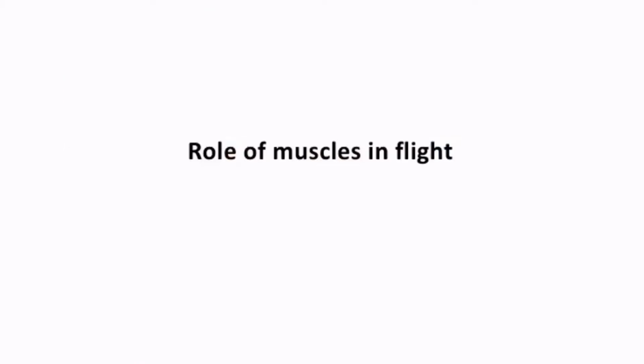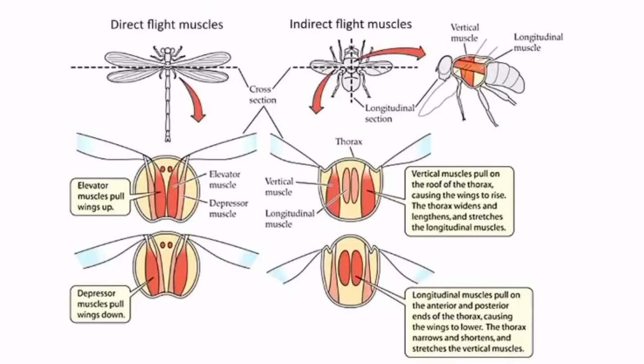Role of muscles in flight. In case of the direct flight mechanism, like in the dragonfly, here the flight muscles are directly attached to the wing. And here you see that there are two types of muscles. One is the elevator muscle and the other is the depressor muscle.